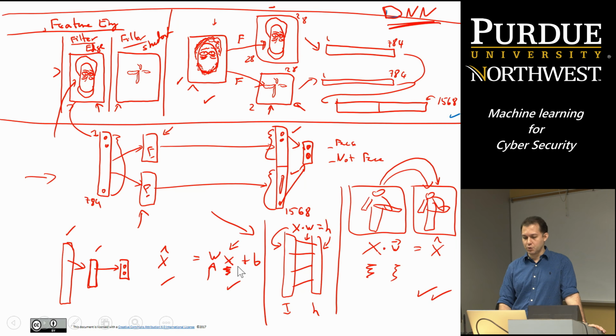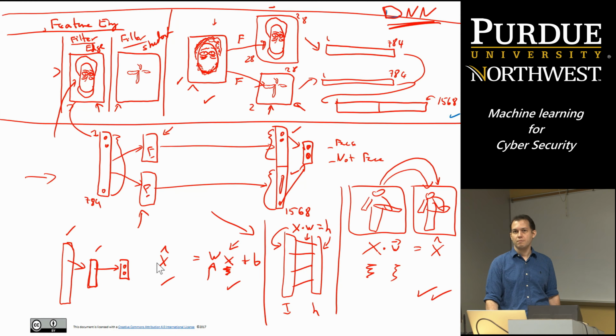And this is equivalent to X to hidden 1, or hidden 1 to hidden 2, or hidden 2 to hidden 3, until finally you go from hidden N to the output. All right, they're both consistent in that sense. Are there any questions about that? All right.